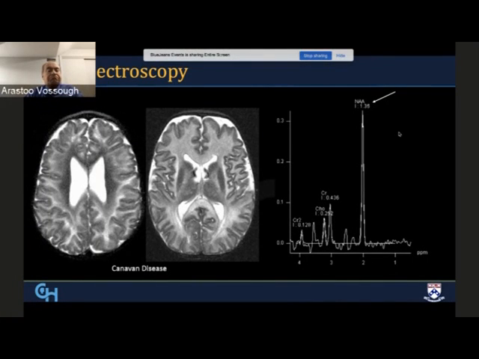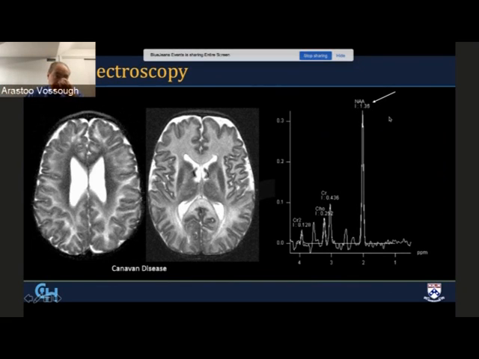Similarly, in this patient with a large head and a diffuse leukodystrophy, on spectroscopy, we can see a massively large NAA peak because there's no aspartoacylase, so N-acetyl aspartate accumulates, and we can see this elevated peak in this patient with Canavan disease.